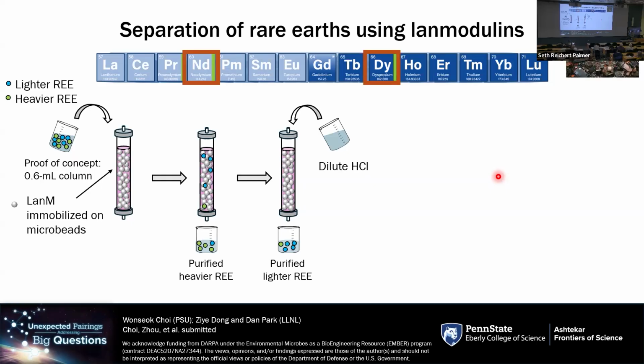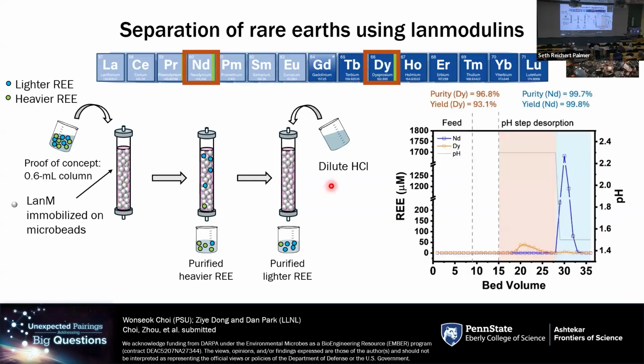And so initially we started with neodymium and dysprosium. These are rare earths that if we're going to recycle electronic waste, we need to be able to do this separation. And now this protein does a really great job of separating the dysprosium, which comes out first here, and the neodymium that comes out second.